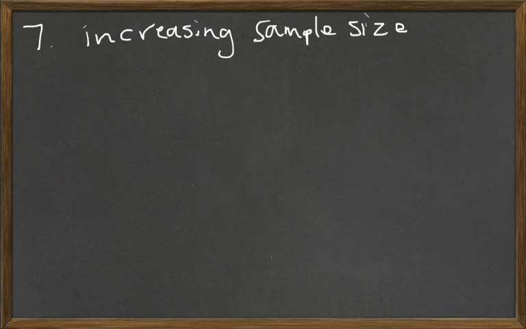If I increase my sample size, I reduce my type 2 error. I also reduce my type 1 error, and I increase my power. So increasing the sample size increases power. Always. There's an easy question for you.